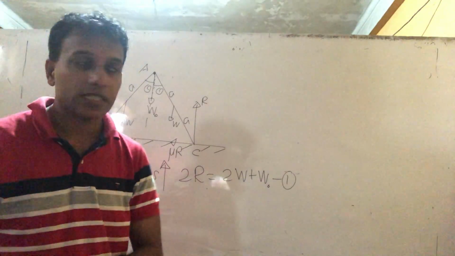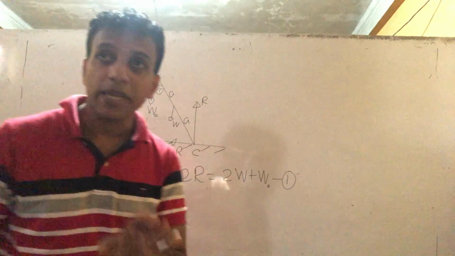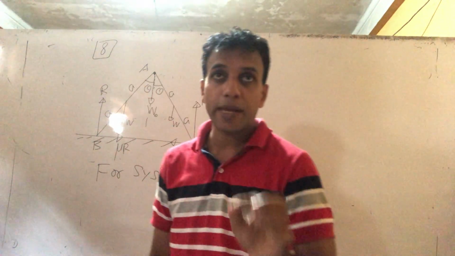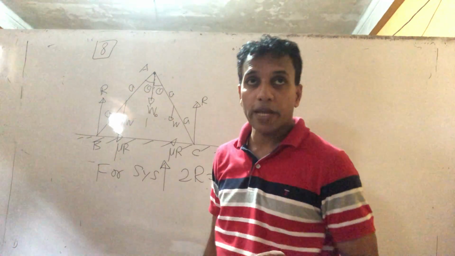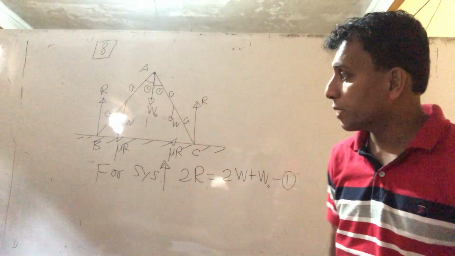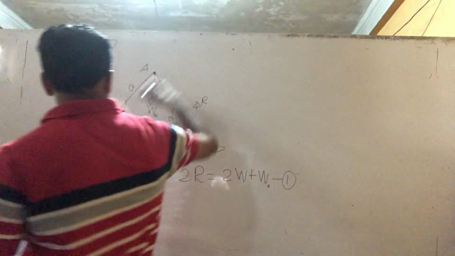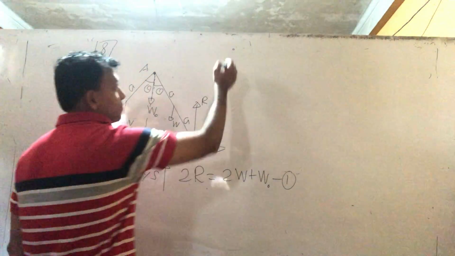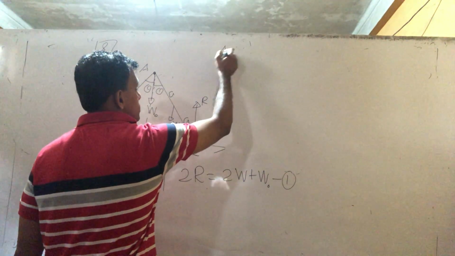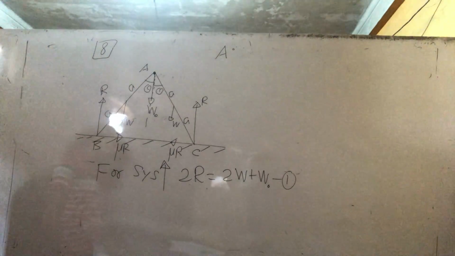So write a sentence. For rod AB, write this: for rod AB take moments about A. So about A, and which direction? Take the moment direction.